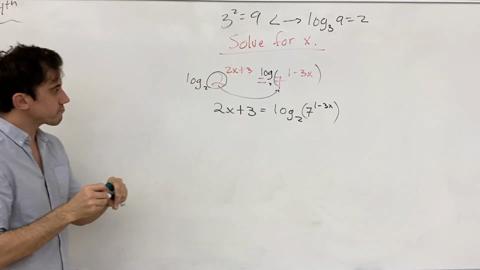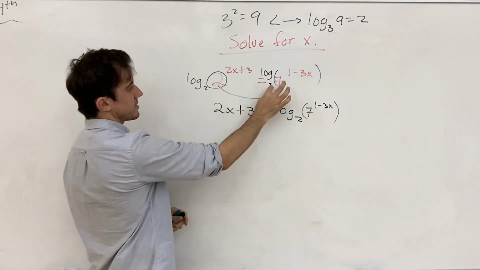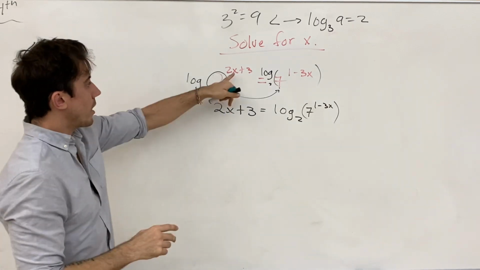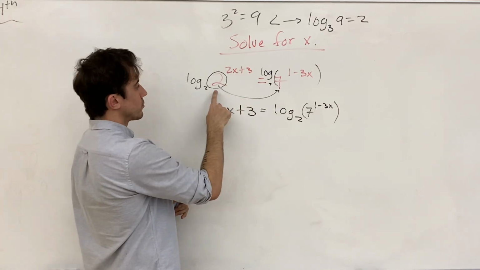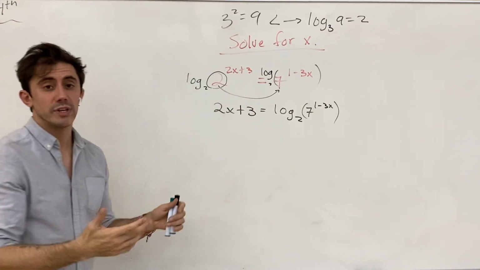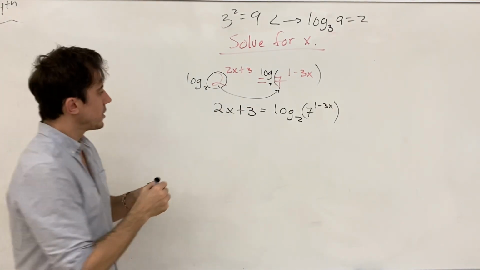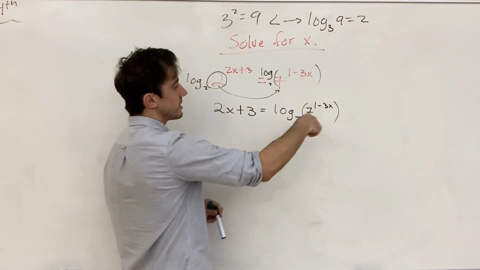I just explicitly wrote this to show why we can just drop down the exponent to become the entire left-hand side. You don't really have to show this step. We can take it for granted from here on out. So now we have 2x plus 3 is equal to this thing.